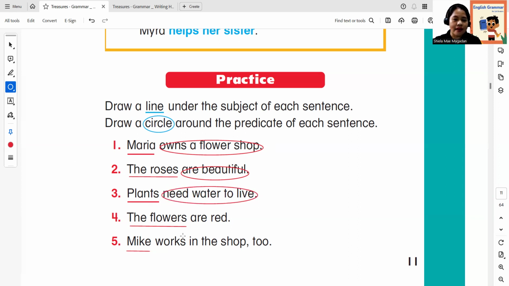Number four, the flowers. What is the predicate here? Are red. Good job. And number five, the verb here is works. Mike works in the shop too. The clause here is works in the shop too. So these are predicates. Are we good?